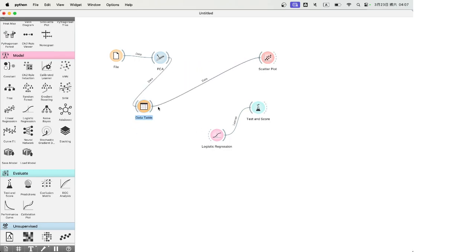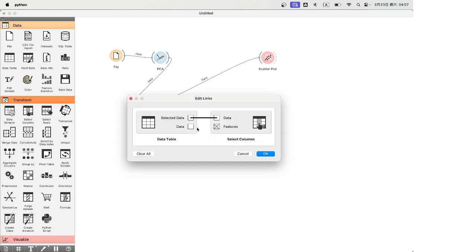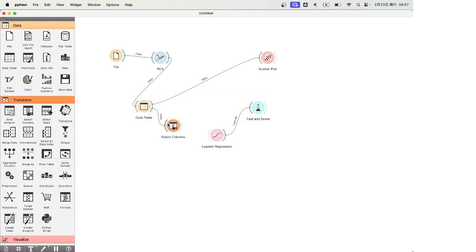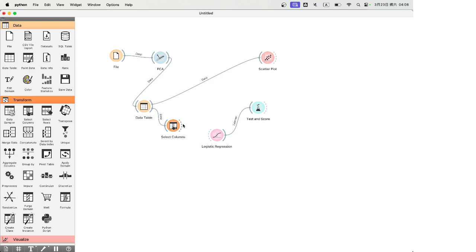Right here, you have to specify which features you would like to use. So let's select columns. In this case, we simply use PC1 and PC2 as the features, and the target is iris. Take a look at this one.